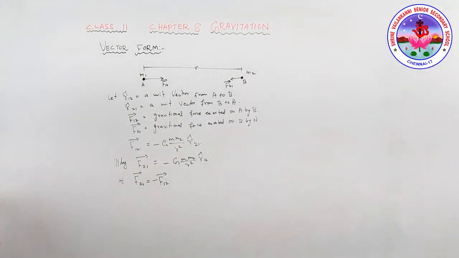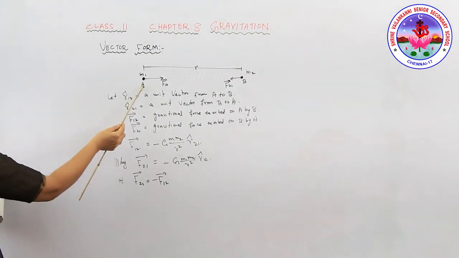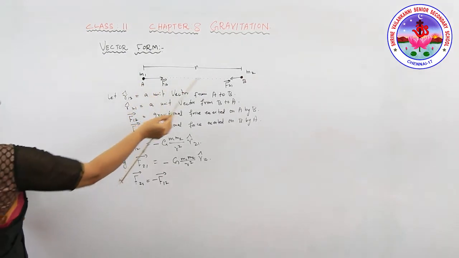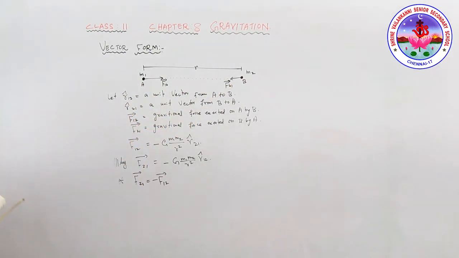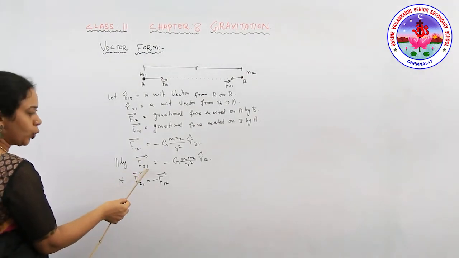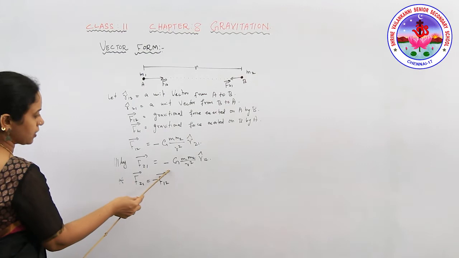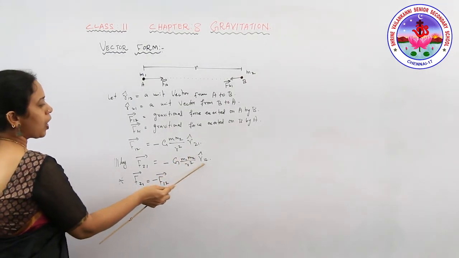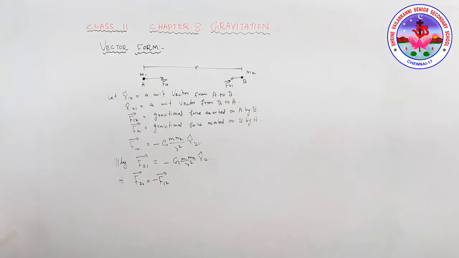That is, the gravitational force is attractive in nature, so that m1 attracts towards m2. Similarly, F vector of 21 is equal to minus G m1 m2 by r square r12 cap.